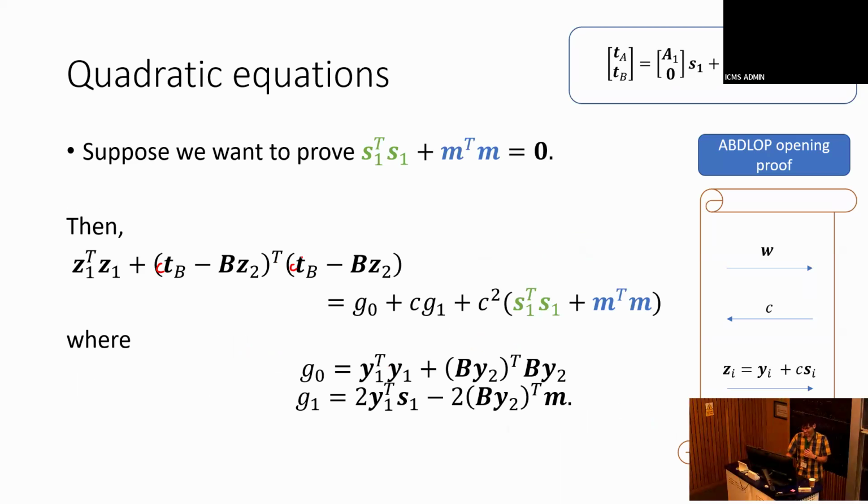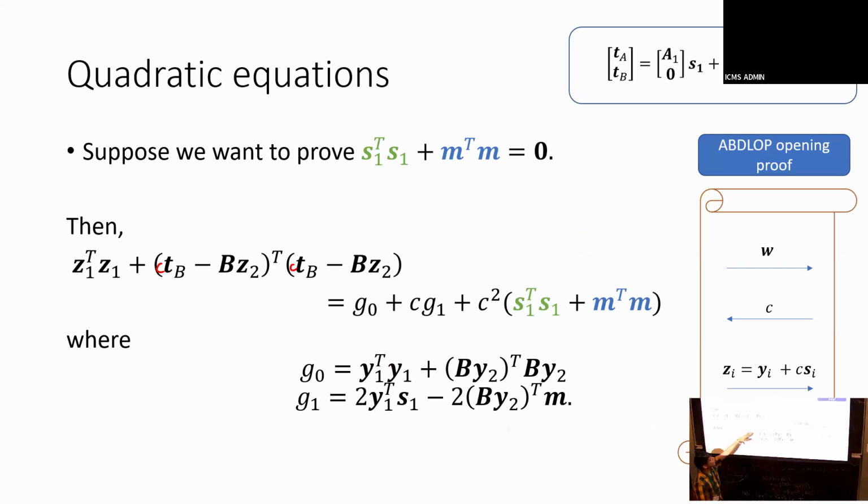So if I combine these two observations, I end up with a quadratic equation where this quadratic part is exactly what I wanted to prove is zero. And then there are all these linear terms which we don't care too much about, and the part on the left can be exactly derived by the verifier itself.